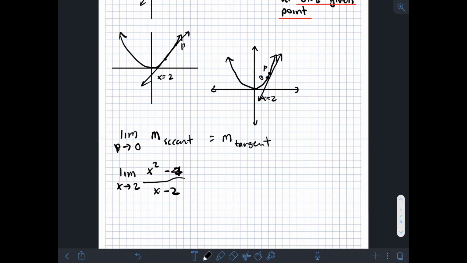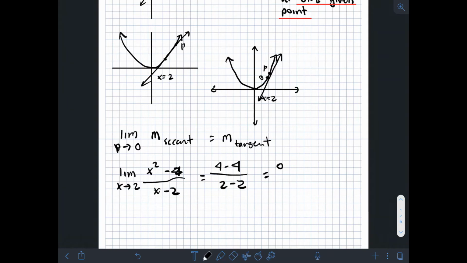Now, to evaluate a limit, all you need to do is plug in the value that we're approaching. So if we try to plug in 2, here's what happens. We get (4 minus 4) over (2 minus 2). Do you guys see a problem with this?